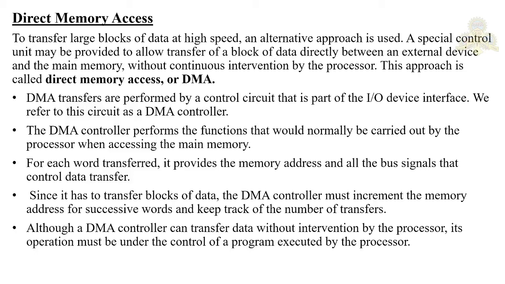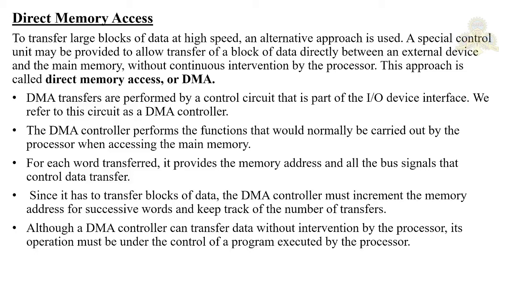Once the transfer is completed, the DMA controller informs the processor by raising an interrupt request. In response to that request, the operating system puts the suspended program in the runnable state so that it can be selected by the scheduler to continue the execution.